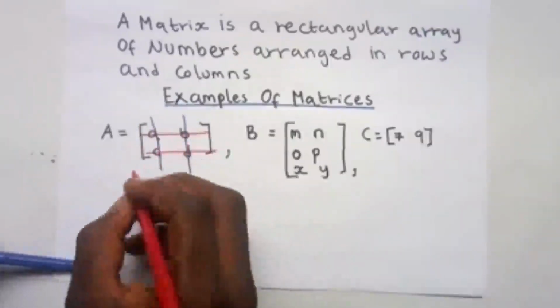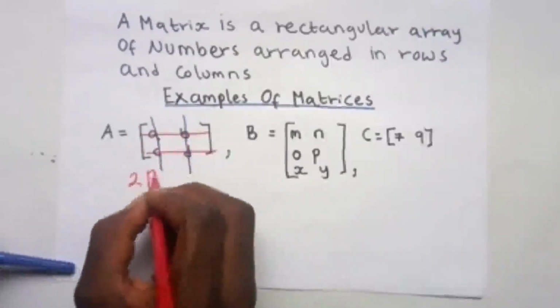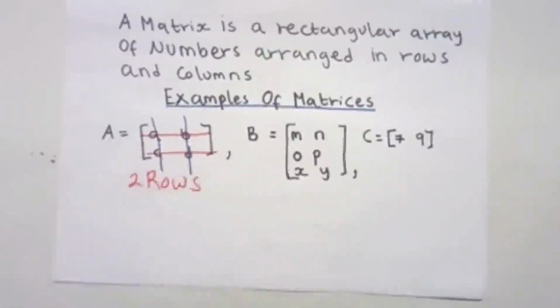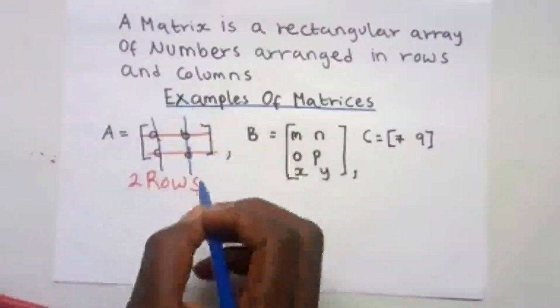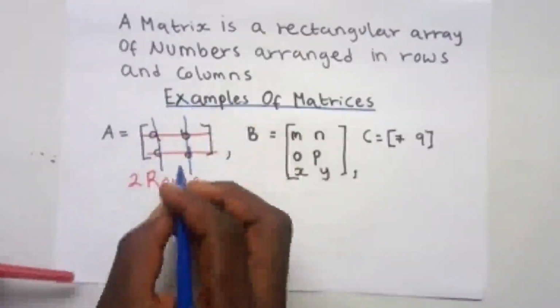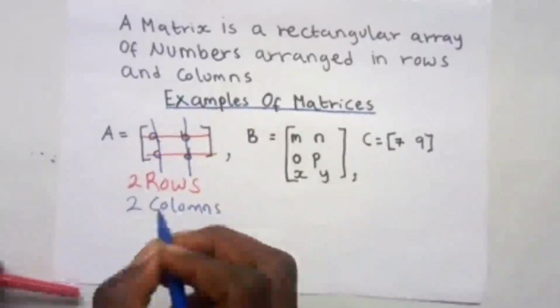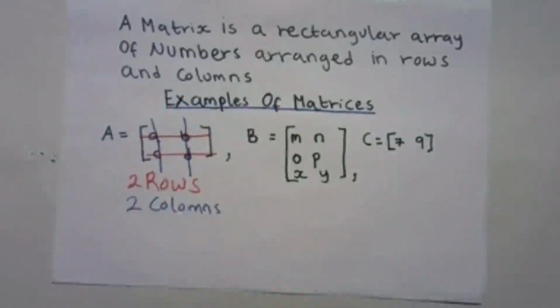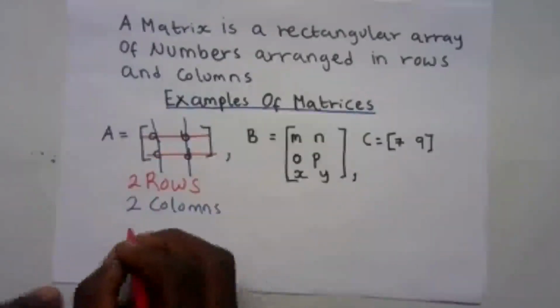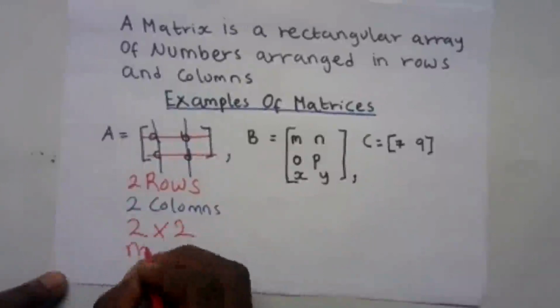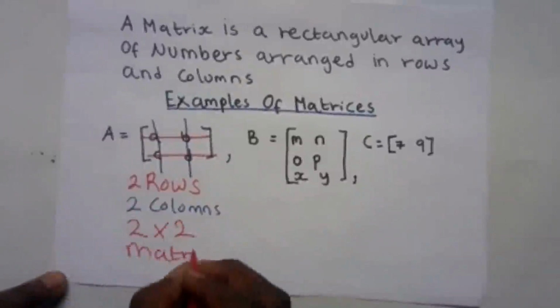So, in this matrix, we have 2 rows. The vertical line represents the number of columns. So, in this matrix, we have 2 columns. Therefore, this is called a 2 by 2 matrix.